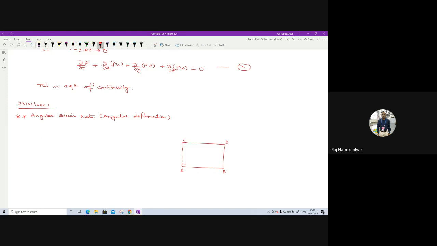Okay, so I'm assuming that there is a fluid element ABCD, and obviously we are considering a two-dimensional fluid element because we don't need to consider the three dimensions this time. Okay, and let us consider that after delta t time, it continuously deforms and takes a different shape. Okay, so it deforms and takes the shape of like this.